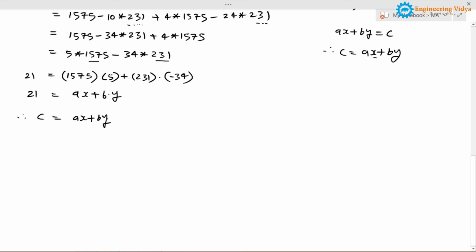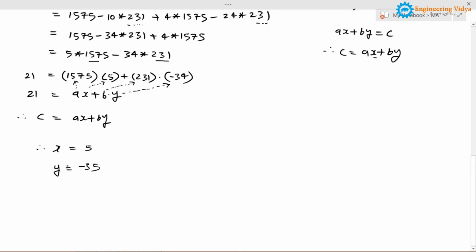Hence we have expressed the Diophantine equation, and if I'm going to find the value of x and y, then x is equal to 5 and y is equal to minus 34.